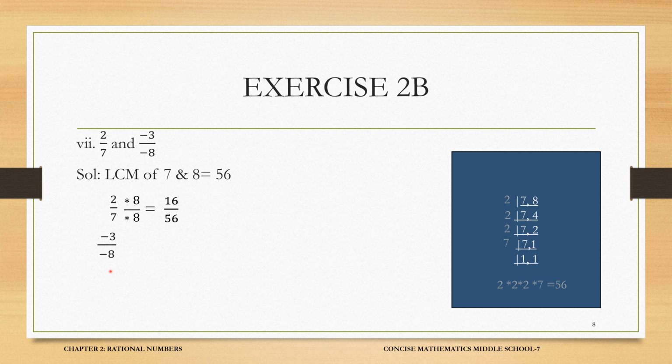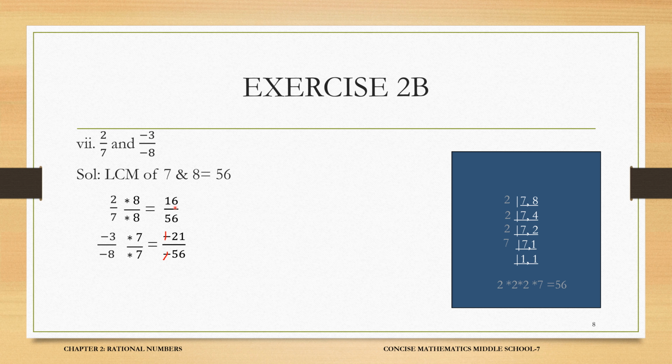And to make this 8 into 56, you can multiply it with 7, right? So minus into plus is minus, 3 sevens are 21, minus into plus is minus, 8 sevens are 56. Here you can just cancel these two minuses. Minus and minus gets cancelled, so it becomes positive.